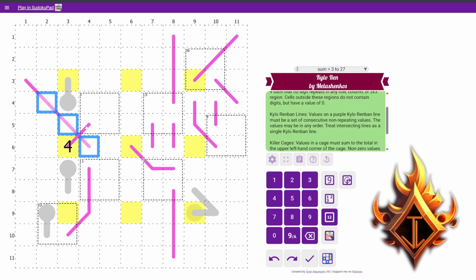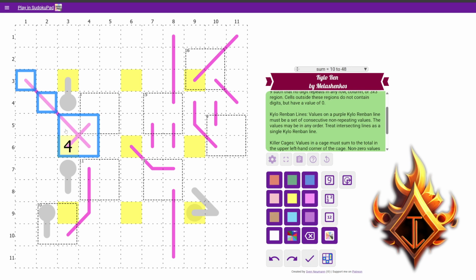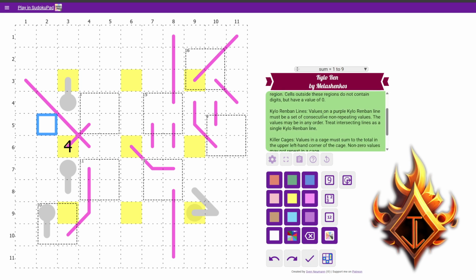How many digits is that? That is 6. So it still requires a 5. We could not have 2 zeros on here. We can only have 1. Or is that true? I think that has to be true. Yeah, that is true.